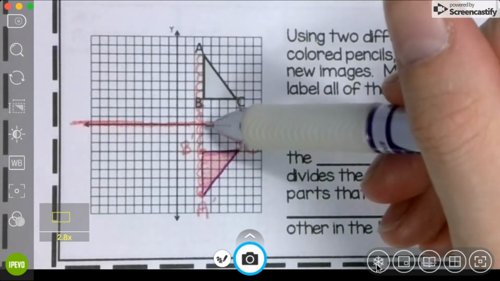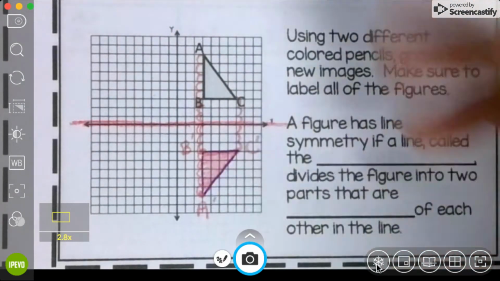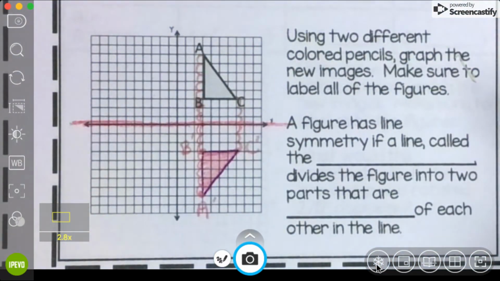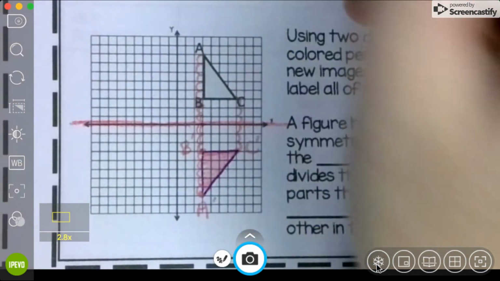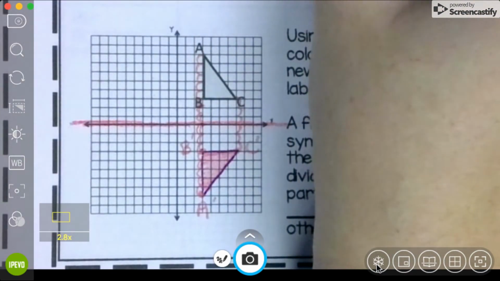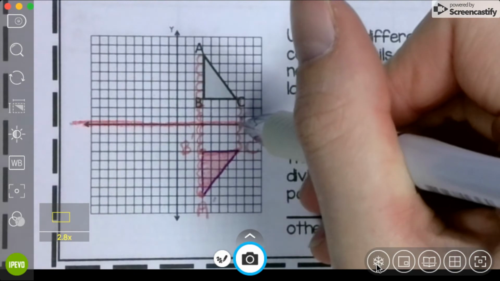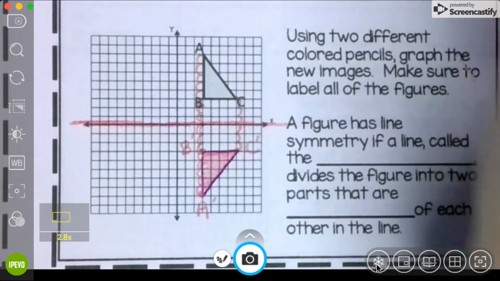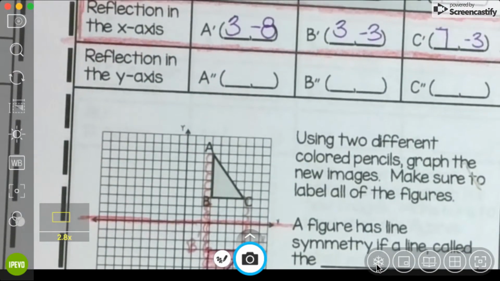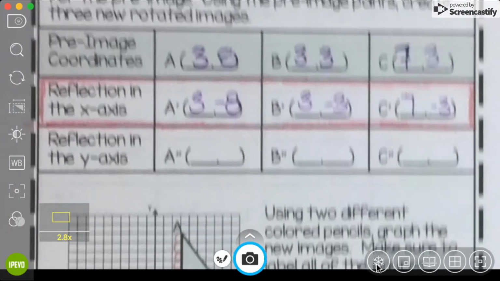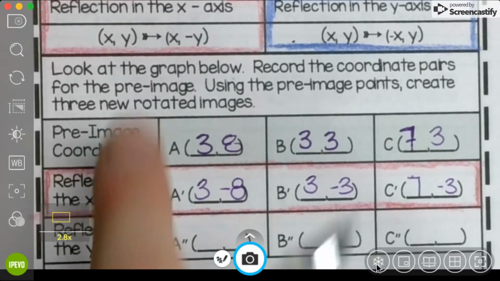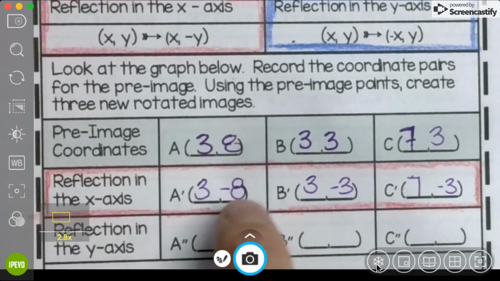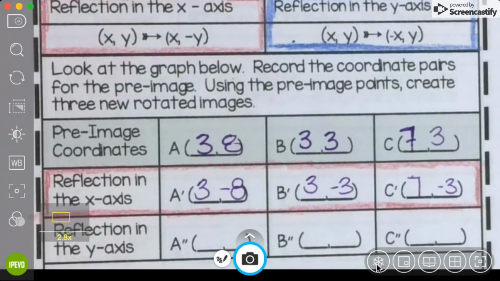So A is at the point 3, -8. B is at the point 3, -3. And C is at the point 7, -3. Okay? And if you remember up above, when we talked about this, x stays the same, the y becomes negative. And that's all that happened.